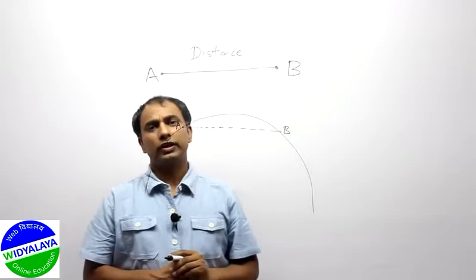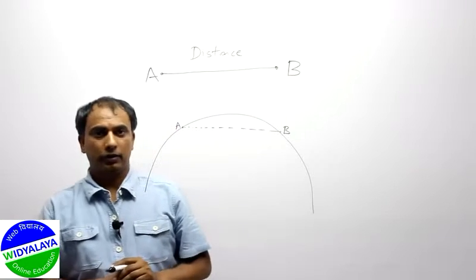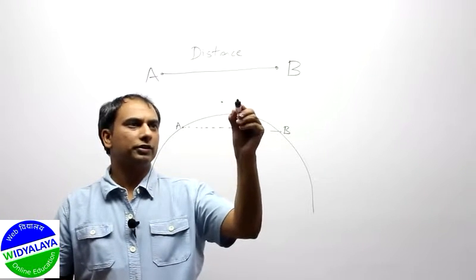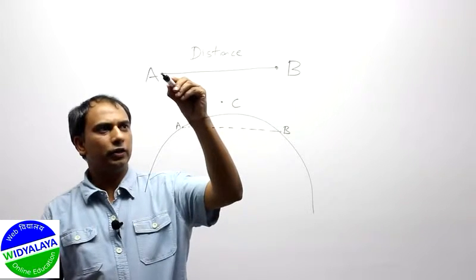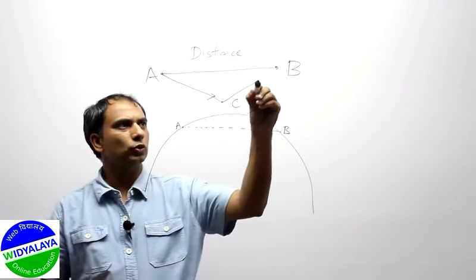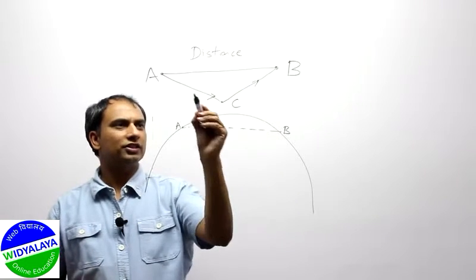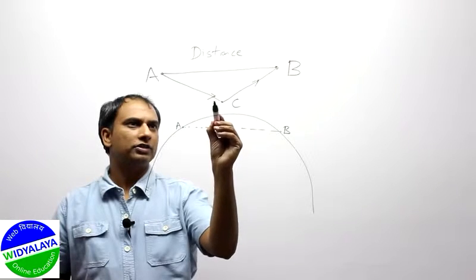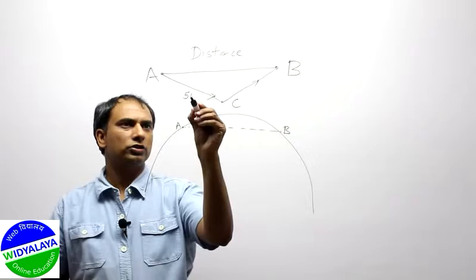Now another thing which is very important with respect to distance is displacement. Now let's say there's another point C and a person travels from A to C first and then this person goes to B. So the actual distance traveled by this person is distance between A and C. Let this be, let's say, 5 kilometers.